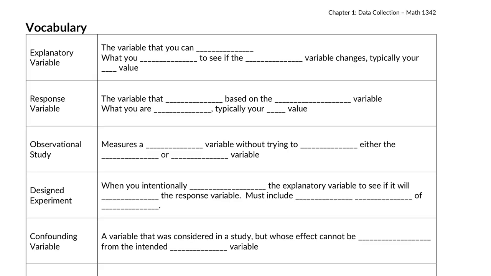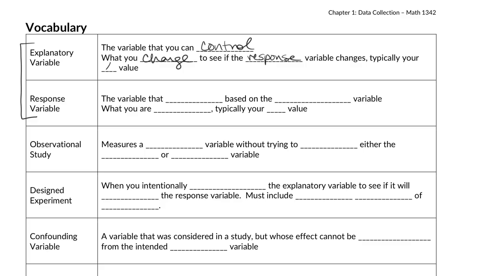The explanatory variable and the response variable, you guys have got this, but let's just formally define them for a second. The explanatory variable is the variable that you should and can control. This is what you change in an experiment to see if the response variable changes because of the changes in the explanatory one.